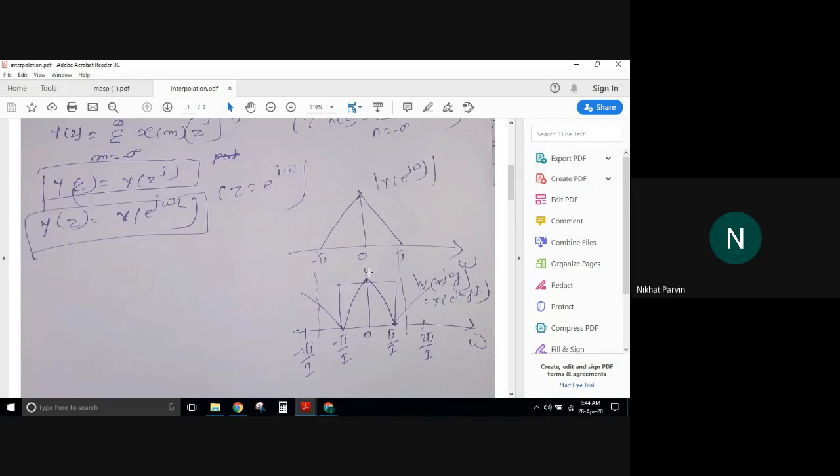When you do the upsampling, if you see this is minus pi to pi, your signal was existing, right? Now here you can see, because of the upsampling, your signal is present at minus pi by I to pi by I. If you focus on this width and this width, definitely this is much larger and this is much less.